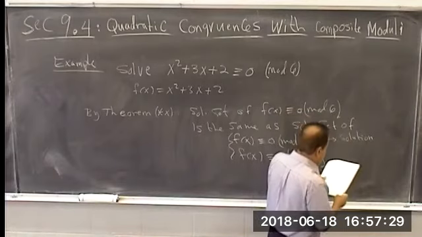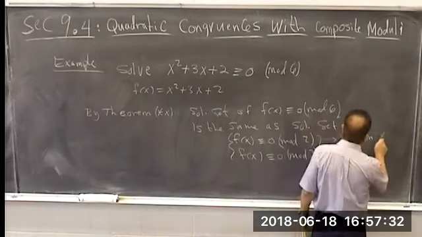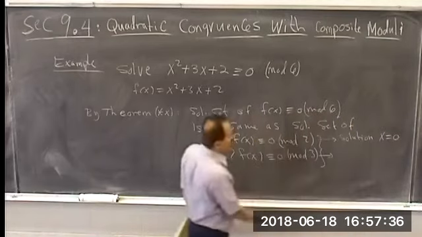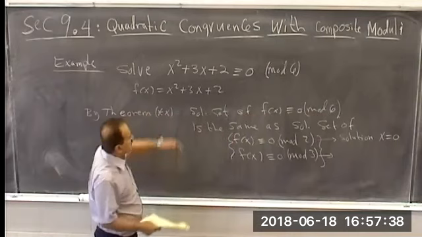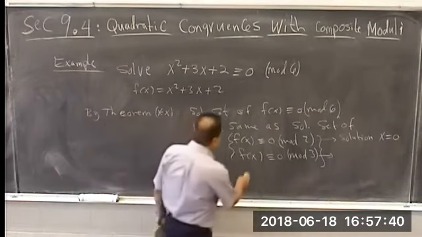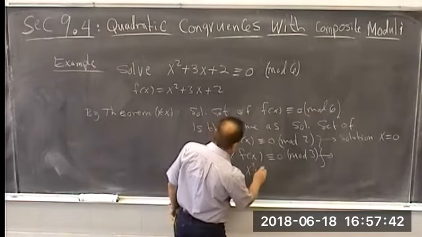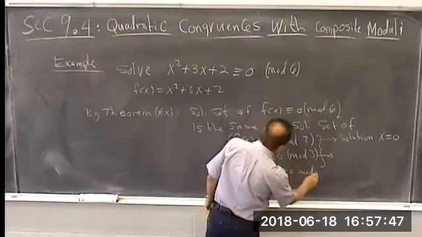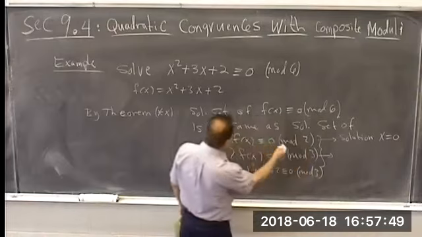Actually, this has just one unique solution, x equal to 0. And we can do this one by trial and error, okay? Because you could actually reduce this one, x squared plus 3x plus 2 congruent to 0 mod 3. This is very simple, okay?